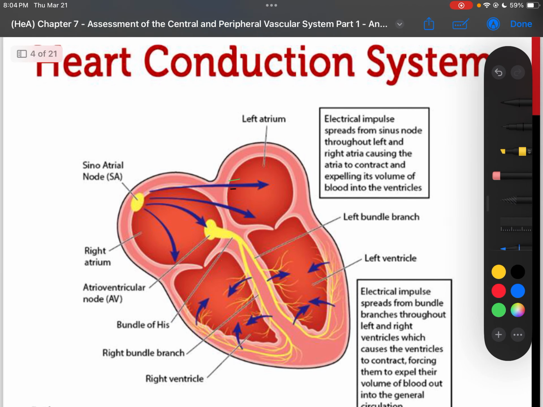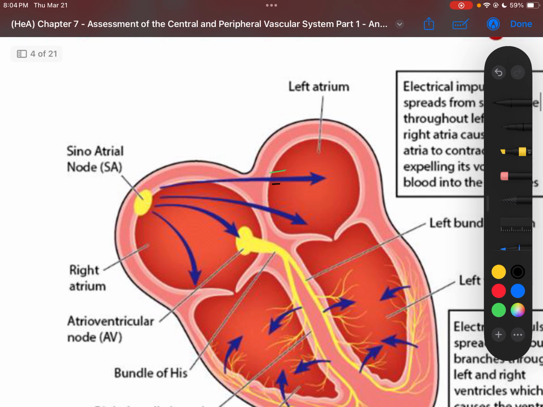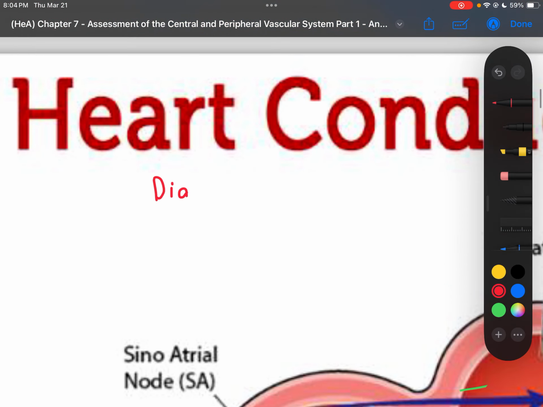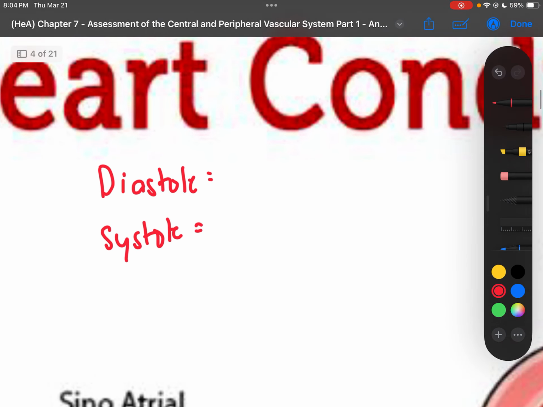Now class, if you remember from your anatomy, we have what we call a diastole and a systole. If you remember from your anatomy class or a discussion in blood pressure, the systole is the point wherein it is the highest pressure during contraction, whereas the diastole is the lowest point of pressure during the relaxation of ventricles.